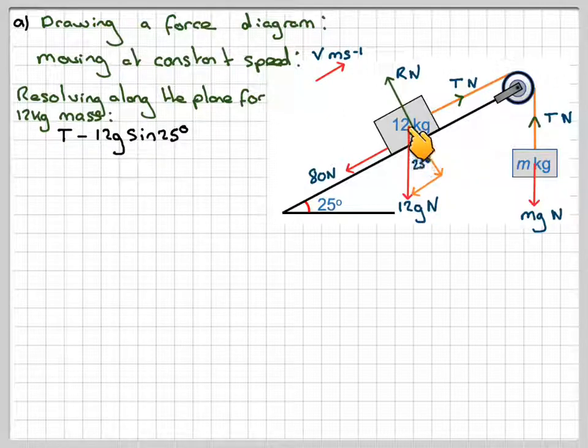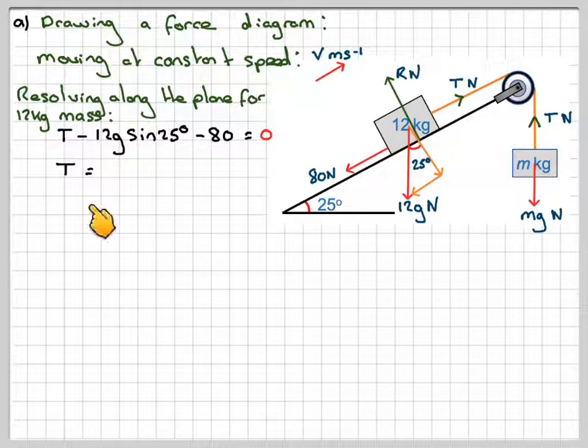So remember what you do, you draw that one down and that one down because that's perpendicular to the plane. So this one here will be mg sine of 25, so 12g sine 25, also acting against the tension, minus the frictional force, and because it's moving at a constant velocity, that will be equal to 0.